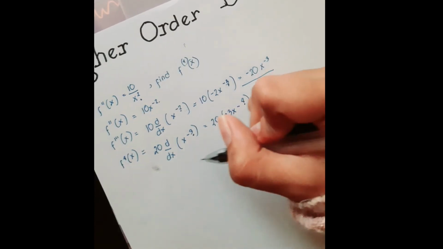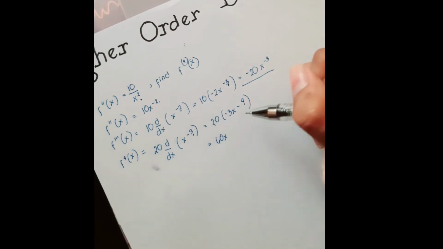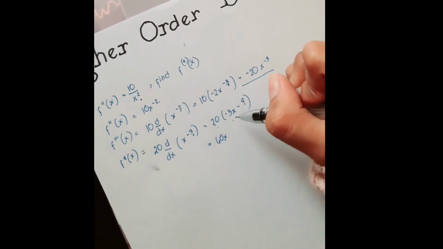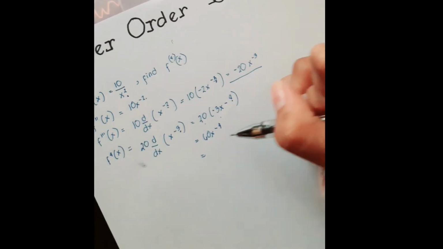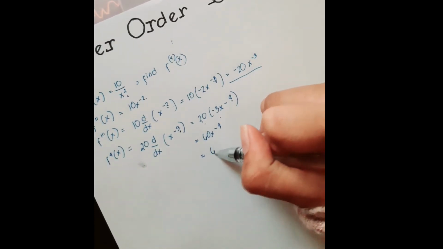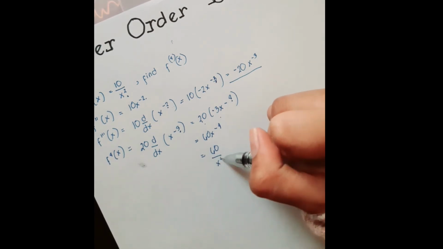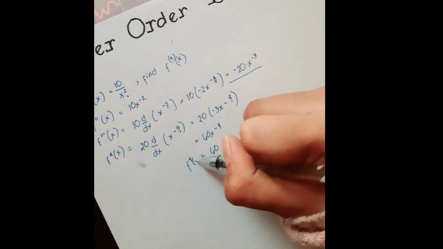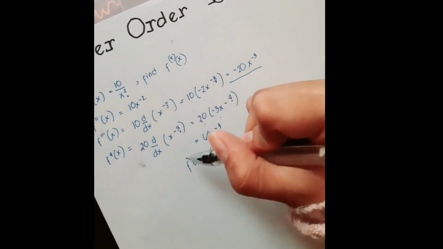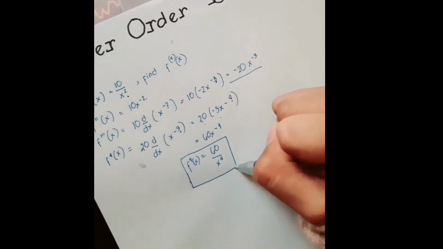Negative 20 multiplied by negative 3 is positive 60x raised to negative 4. And to eliminate the negative sign of the exponent, we move x raised to negative 4 into the denominator to give 60 over x raised to 4. So that's the final answer.